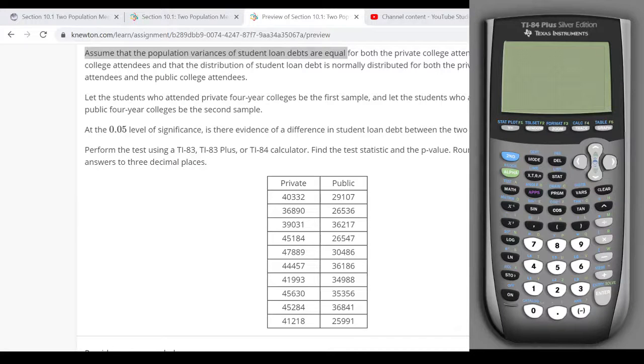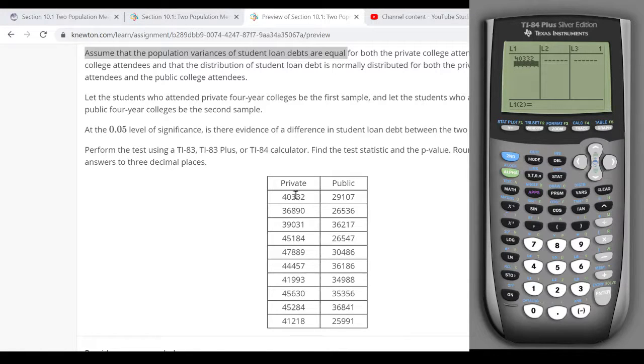Here's my TI-84. Remember how to enter lists: you hit the stat button, hit edit, and then down list L1, I'll put all the private debts. So 40,332, enter, and then I'm going to stop here and I'll come back when all these are entered.